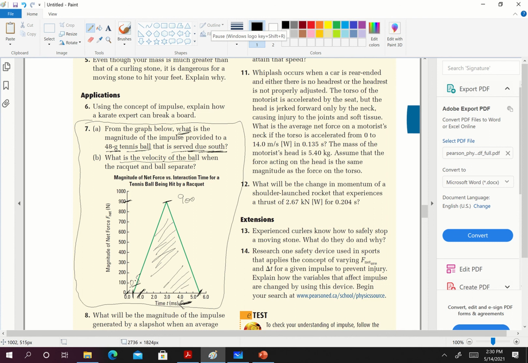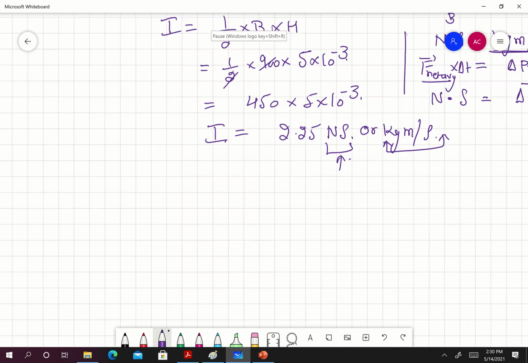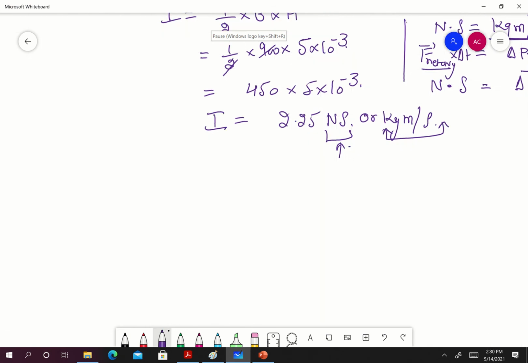Then we'll try to find the answer to part B of this question. What is the velocity of the ball when the racket and the ball separate? So for part B, the initial velocity, you will agree, when the ball was in hand, is equal to 0, and we want to find the final velocity.